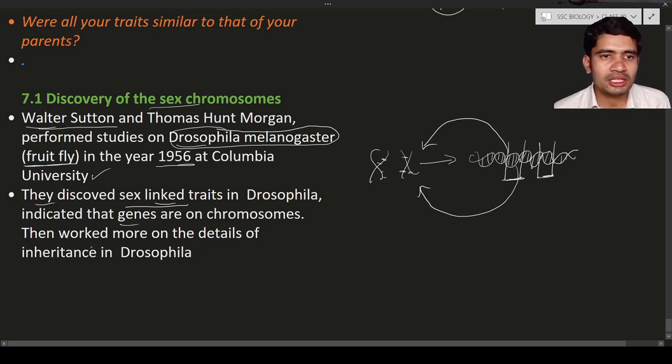Then they worked more on the details of inheritance in Drosophila. What is inheritance? In previous classes we also discussed inheritance and heredity. Inheritance means the characters are coming from one generation to another generation. Let us consider these are the grandparents. The second generation is the parents.